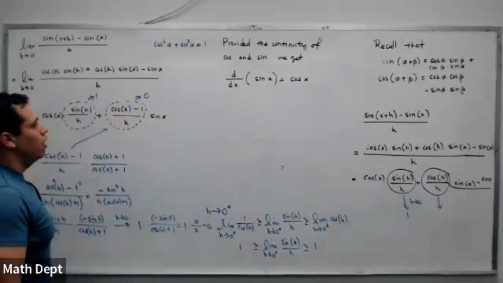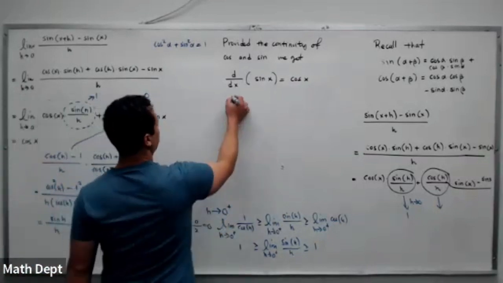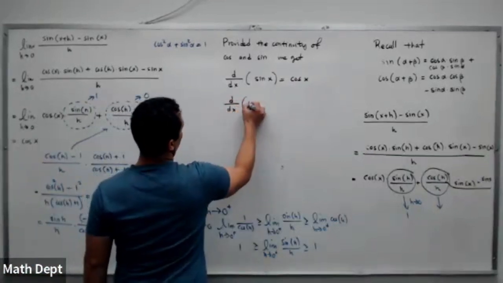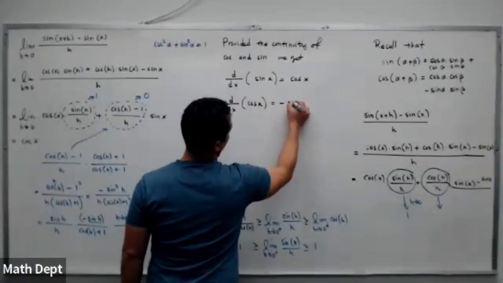And in fact, it doesn't take too much work with the things that we have done to demonstrate that the derivative with respect to x of cosine of x is nothing else but negative sine.